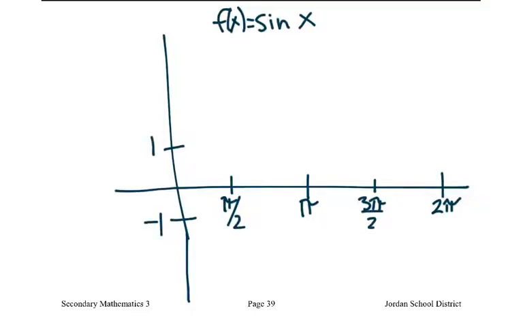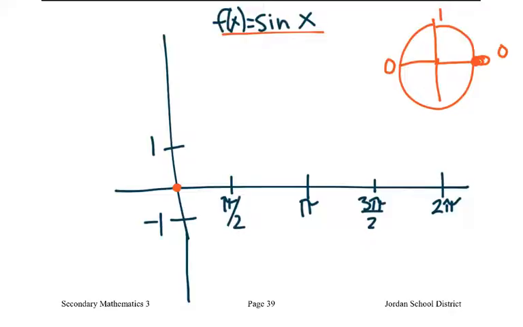So a parent function for sine starts out at 0, 0, because if we think of that unit circle, the y value at 0 degrees is 0. Then we go to 90, it's 1. We go to 180, it's 0. We go to 270, it's negative 1, and then back to 0.